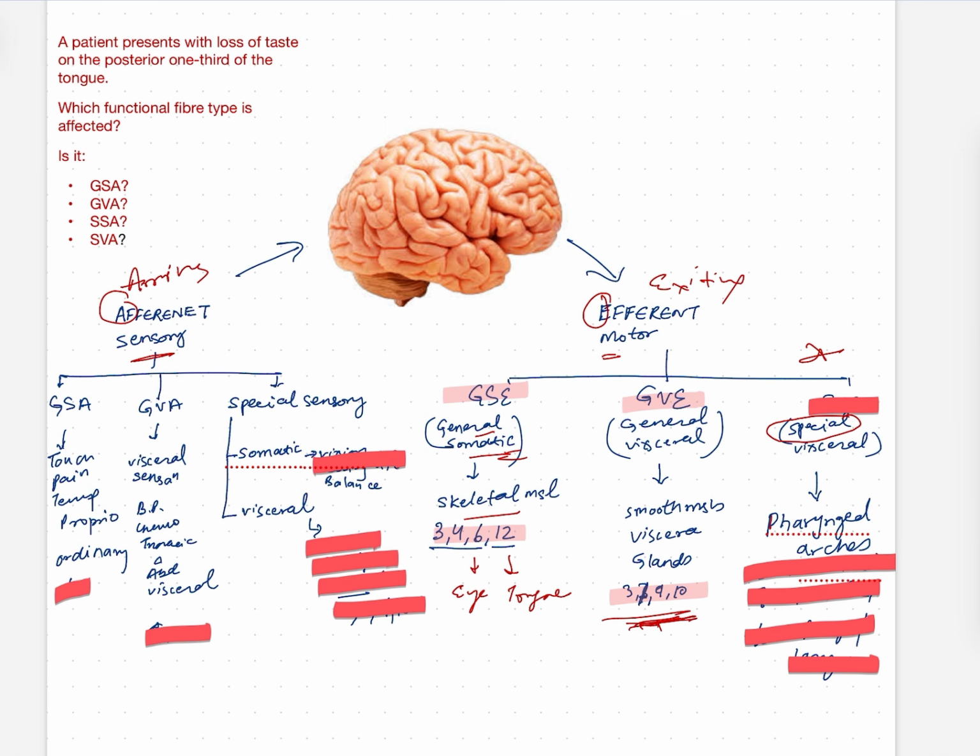Which nerve supplies the pharyngeal arches? The muscles of mastication are supplied by the fifth nerve, the muscles of facial expression by the seventh nerve, and the pharynx and larynx by the ninth and 10th nerves. So what to remember is that special means the pharyngeal arches, and general visceral means the parasympathetic supply. These are the two things we need to remember.